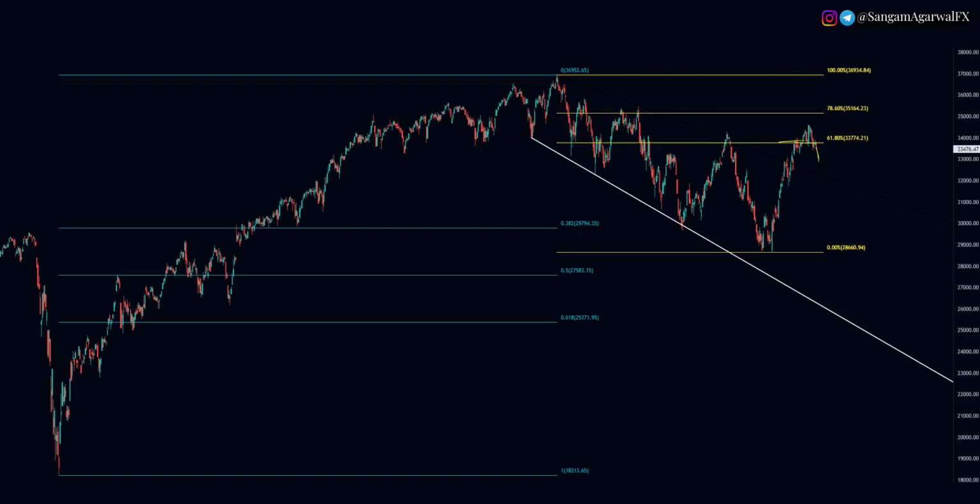So if it keeps coming down, then target will be new lower low, and first can be 50% retracement level, then 61, and this lower white trend line.